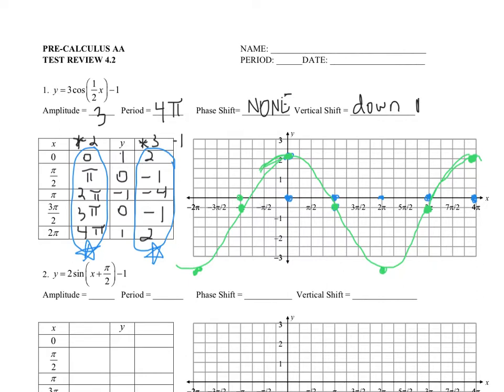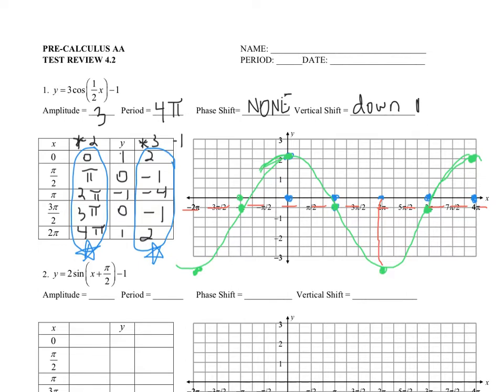So if I draw a line right here through my center, which would be right here at y equals -1, and if I count how many spaces I have between there and my furthest point, my minimum and my maximum, that should be 3. So 1, 2, 3. So my amplitude is 3.